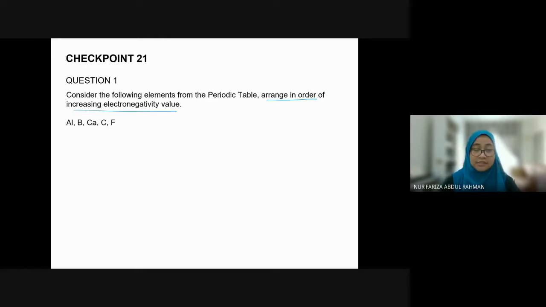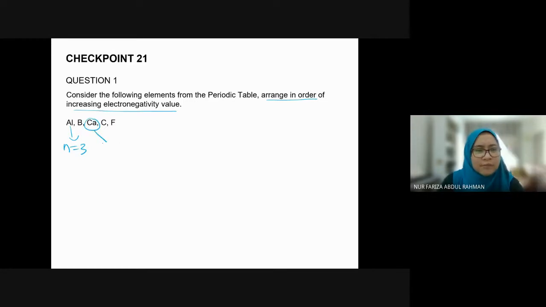As you can see, the Z is not given. The Z should be given if you are not supposed to refer to the periodic table. So you may refer to your periodic table or use the Z value from the periodic table. To keep it short, let's go directly. Aluminium comes from n equal to 3. Calcium, you can already memorise.